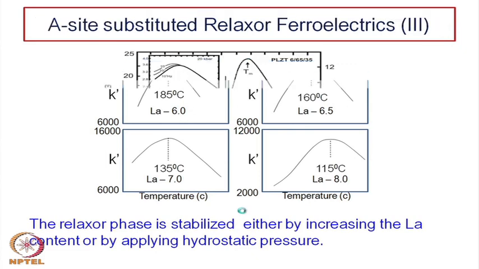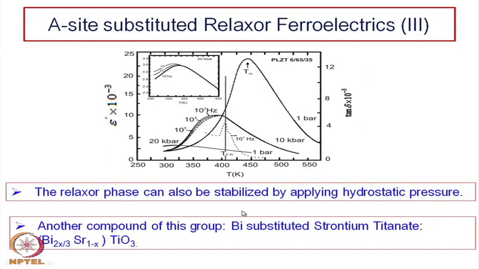Now, this kind of relaxor property can also be induced or stabilized by applying hydrostatic pressure. So, not only lanthanum addition changes the normal ferroelectric to Relaxor Ferroelectric, but by applying higher pressure the Relaxor Ferroelectric behavior can be brought in, and that is what has been shown here.